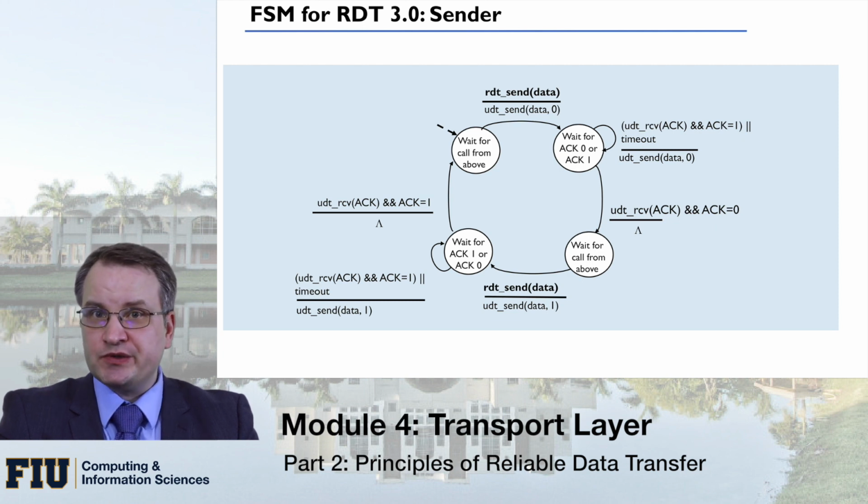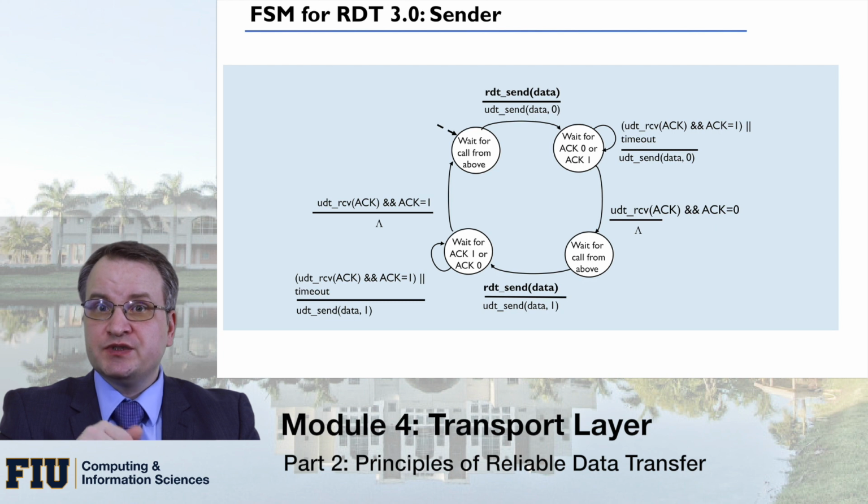Depending on which one you receive: if you receive the acknowledgement for sequence number 0, you know that everything was received correctly. So now you can prepare and send data for sequence number 1, assuming you have data to send.